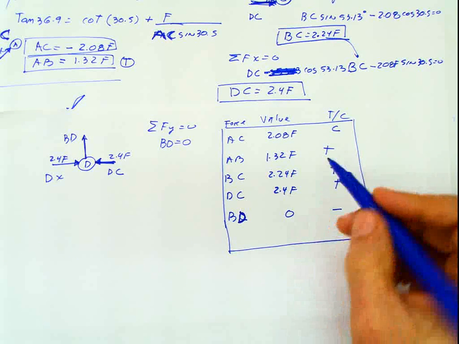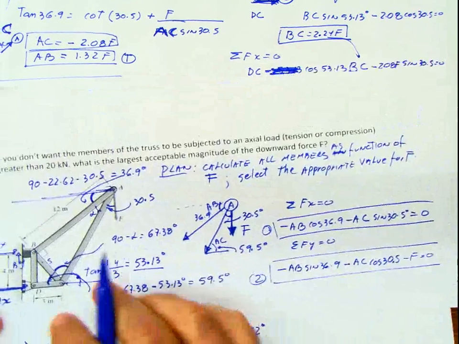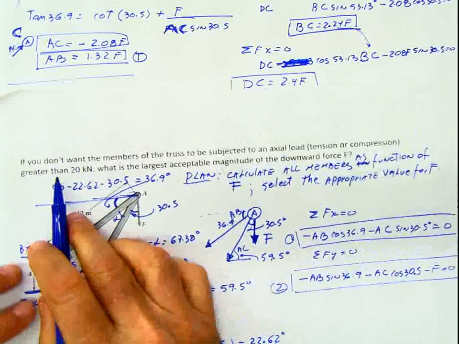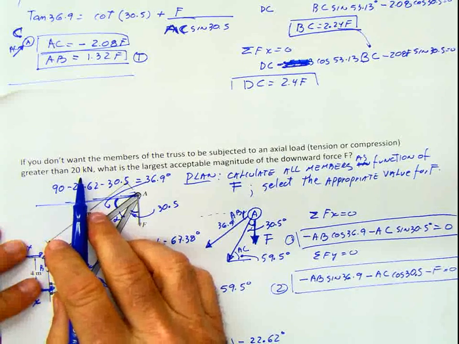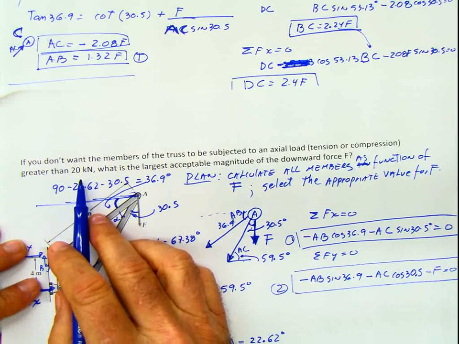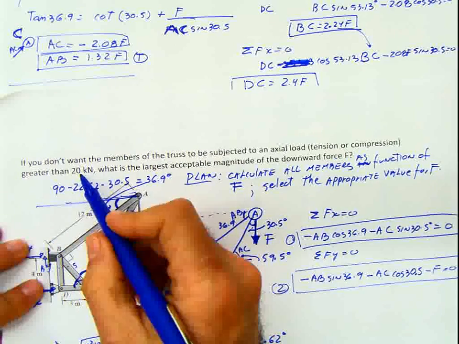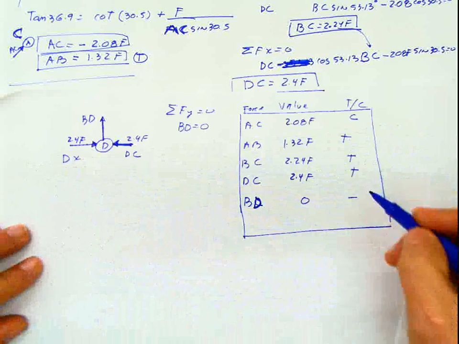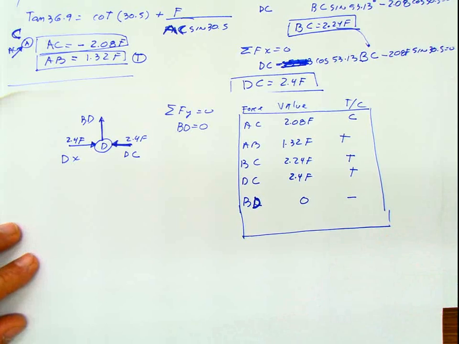So you really need to know to include this in case, for example, this problem tells you that the maximum internal force is 20 kilonewton in tension and 10 in compression, or vice versa, then you have to compare the 20 with all the forces in tension and the 10 with all the forces in compression and get the minimum of the forces. That will be the procedure if you have different behavior to tension and compression.